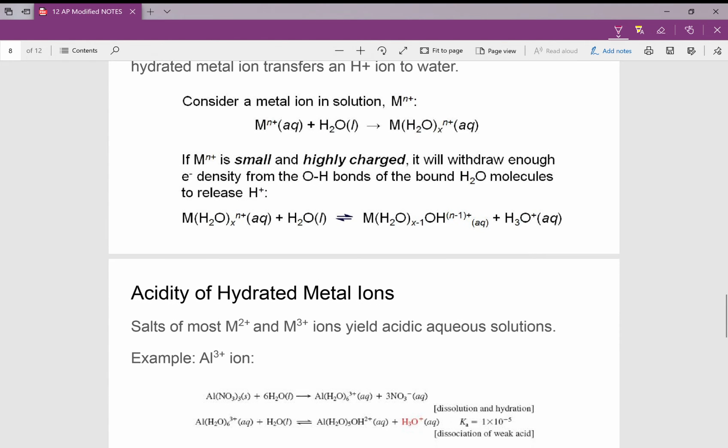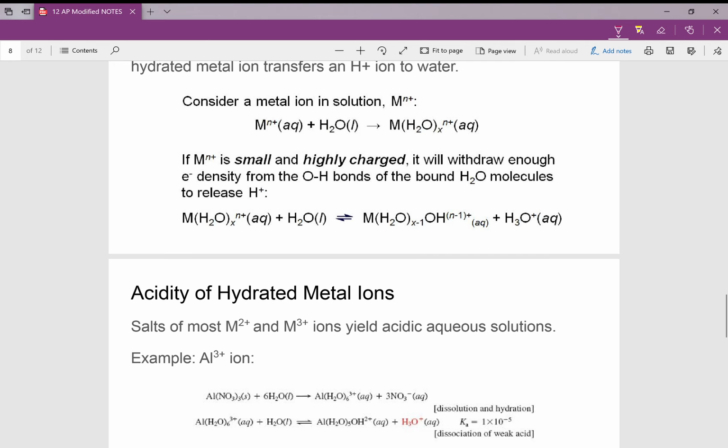So here's the general reaction where you have a metal ion surrounded by a certain number of water molecules. As it distorts the water molecules, the bond in one of the hydrogens in a water molecule is weakened so much that the outside water molecule is able to pull that hydrogen away and thus ionize it.